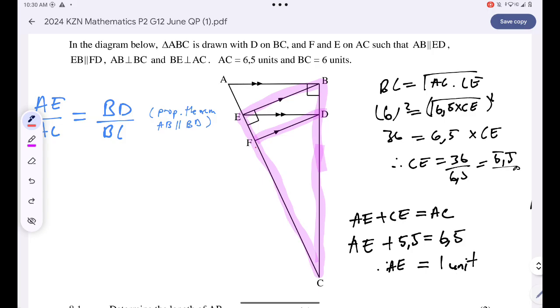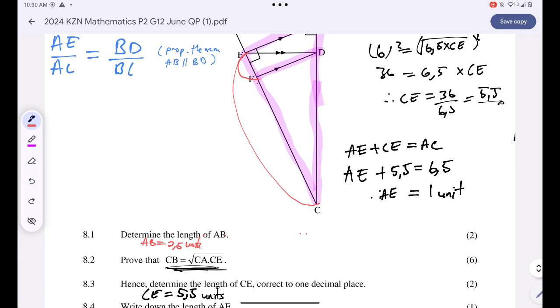Are you together? So I know that FE over CE will be equal to BD over BC. So let us write that: FE over CE is equal to BD all over BC. Same reason, prop theorem.